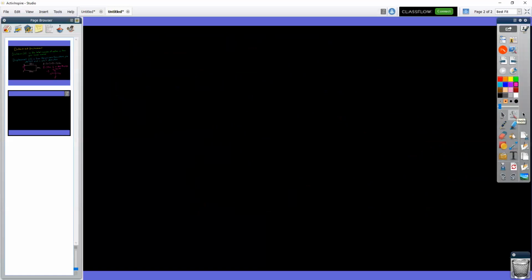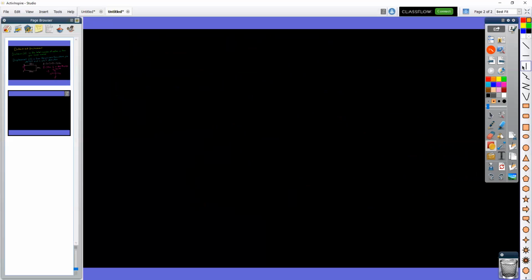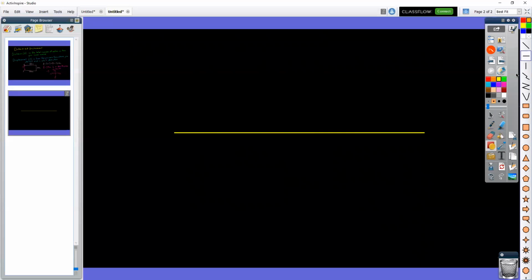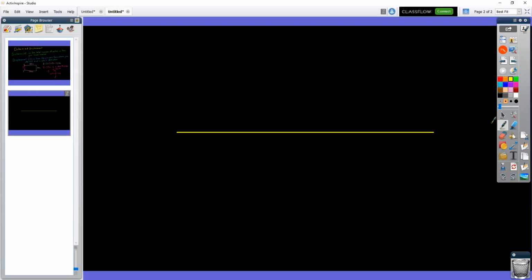So I'm going to go back to yellow and I'm going to put a straight line. Horizontal line. Okay, now on the horizontal line, I'm going to put some marks.